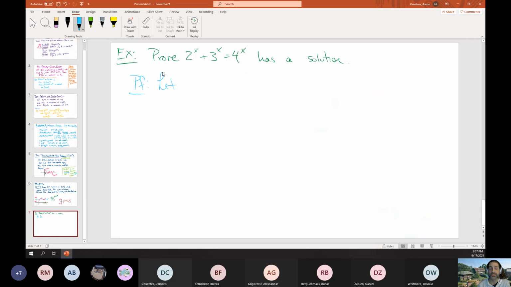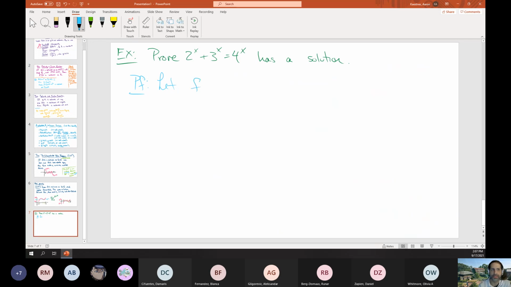If I want to find a continuous function that I can ask when it is equal to 0, then with an equation like this, an easy way to find a related function is to move everything to one side.